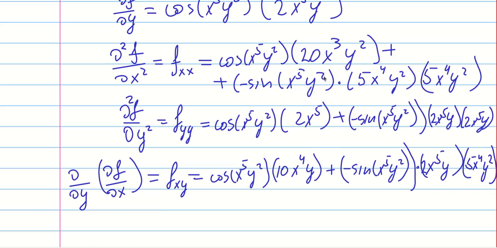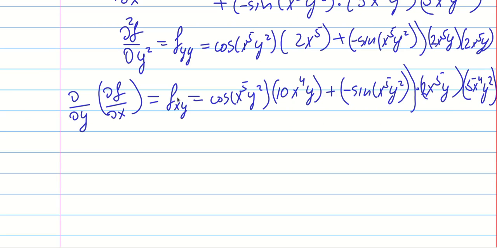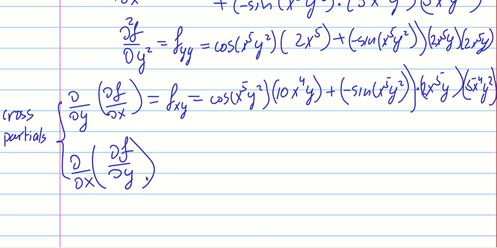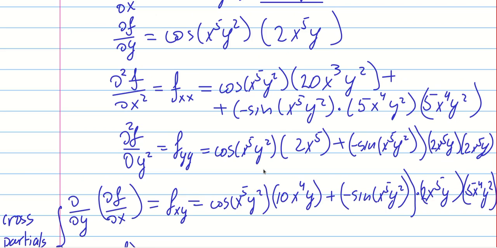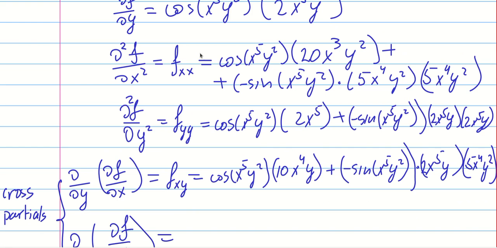Right, so we calculated this derivative, which is often called a cross partial. The second cross partial would be the partial of f with respect to y, but now we take a derivative with respect to x. So we're going back to this expression for the partial with respect to y, and we take the partial with respect to x.